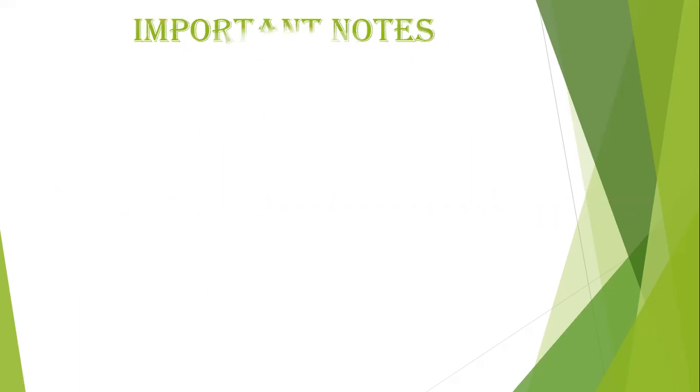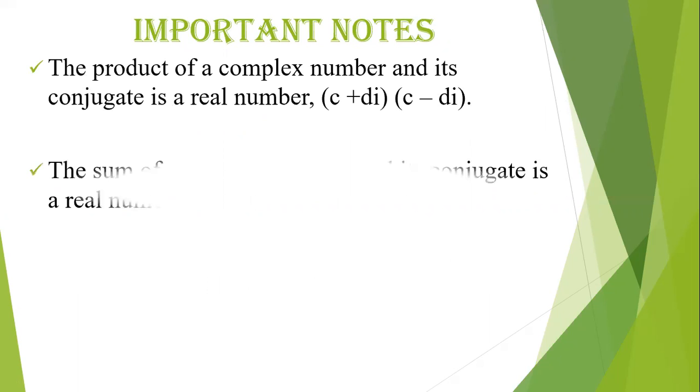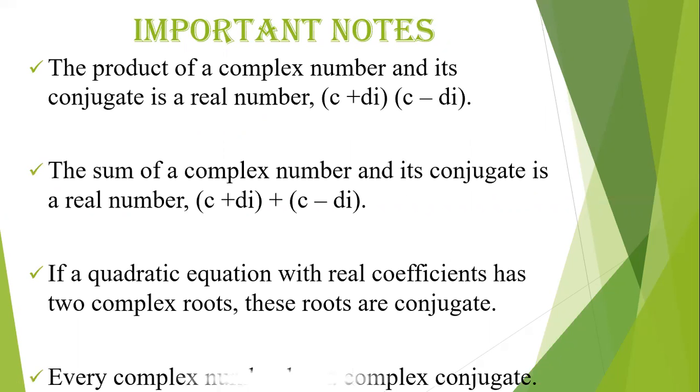Now, finally, let's look at some very important points of this lesson. The product of a complex number and its conjugate is a real number. The sum of a complex number and its complex conjugate is a real number.